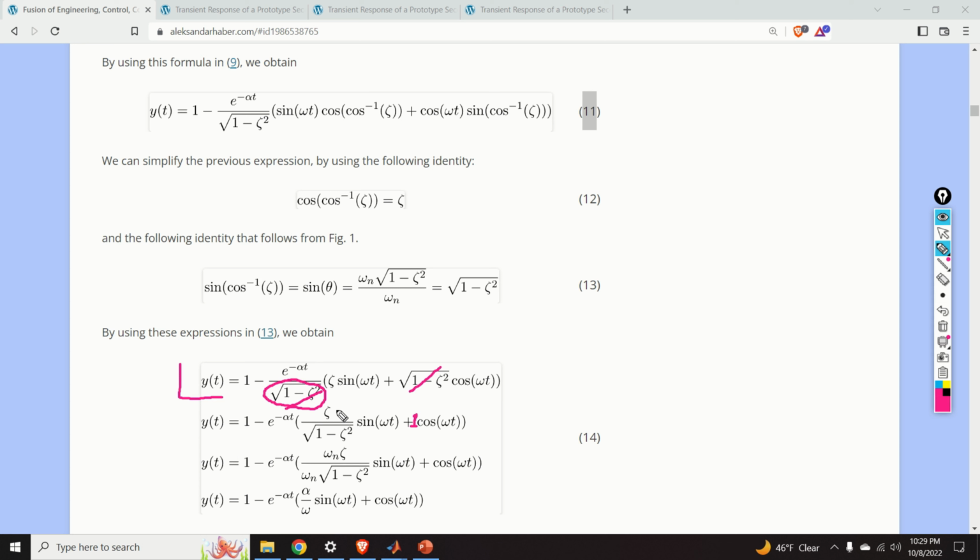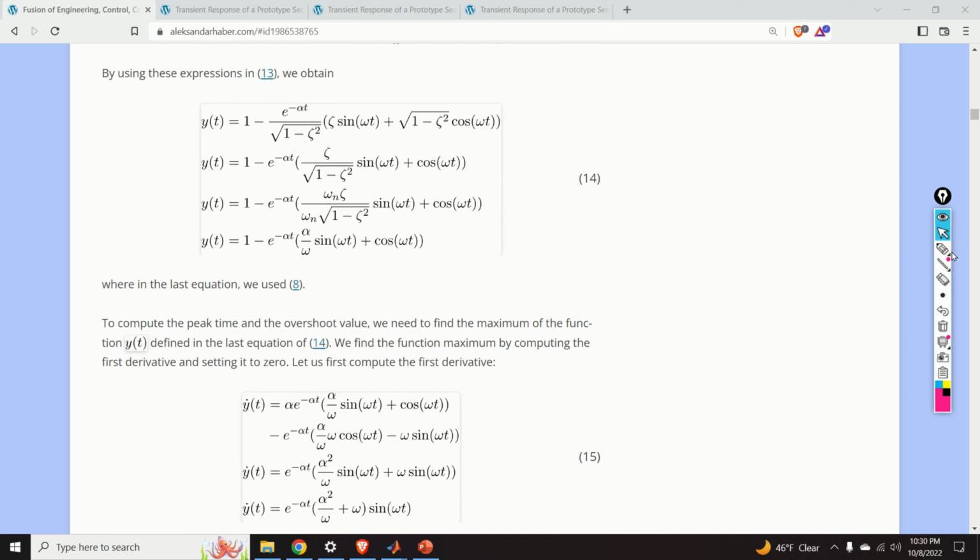If we multiply the numerator over here by omega n and the denominator by omega n, we obtain this term over here. The term in the numerator is our alpha, and the term in the denominator is our omega.